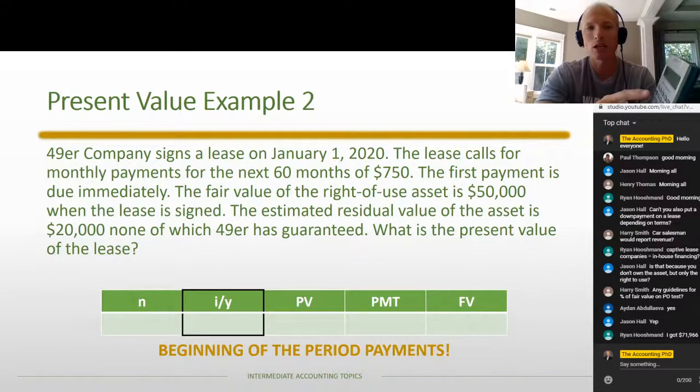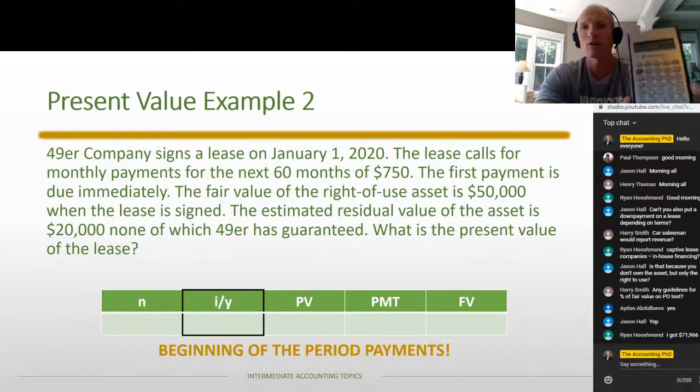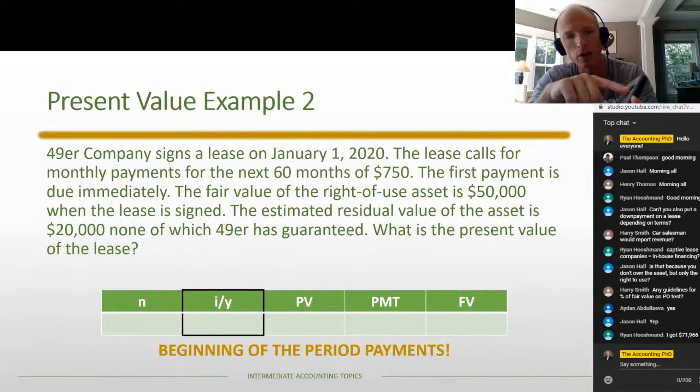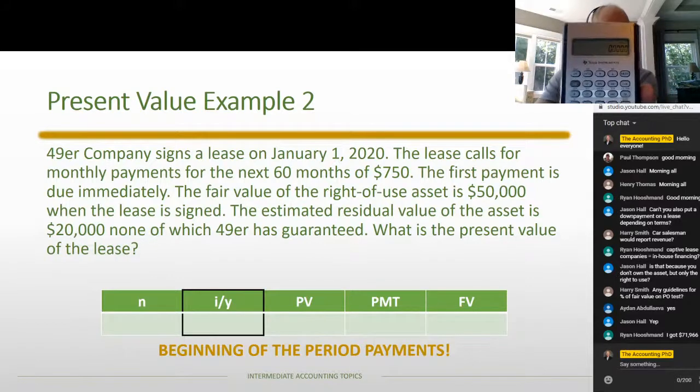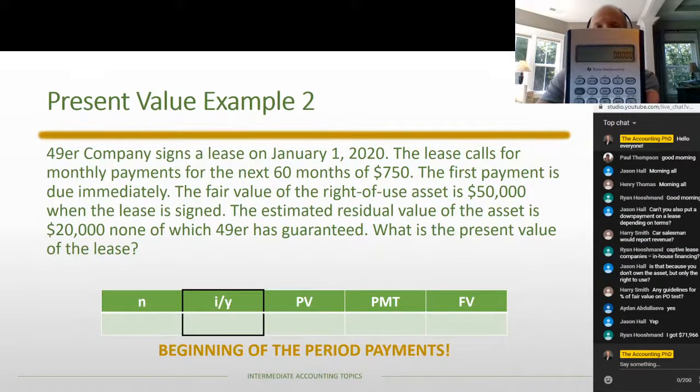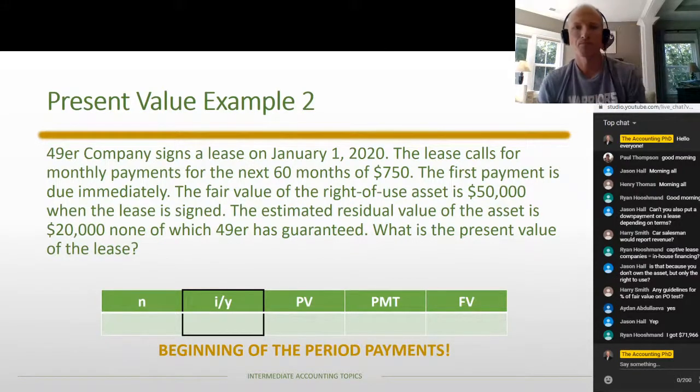And as soon as it says that, then I just clear everything out. And notice that above about the second number place, there's a little BGN. And that basically tells you that you are in BGN mode at this point in time. In order to calculate it correctly, you need to be in BGN mode for this kind of a problem.